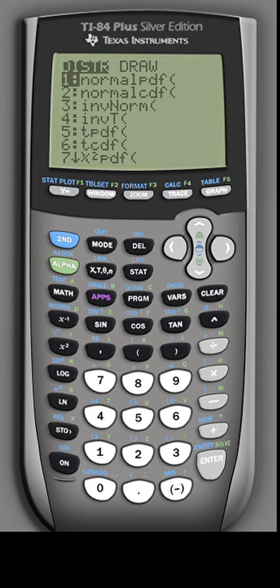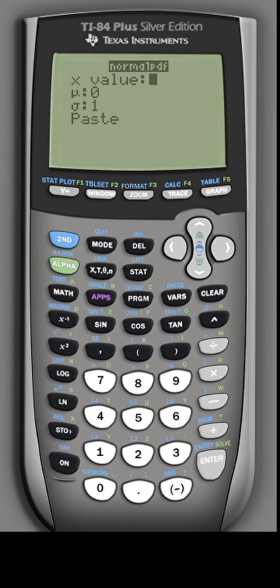I'm going to hit enter and do a calculation. At what specific x value do I want to find the probability of, given that mu is 0 and sigma is 1.